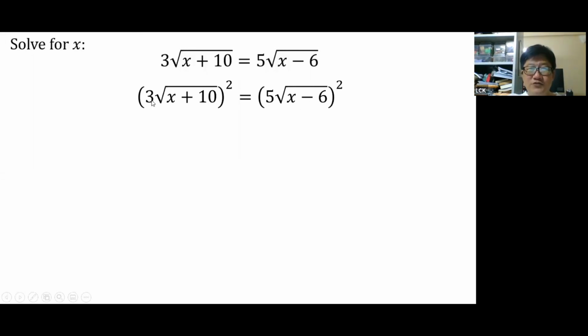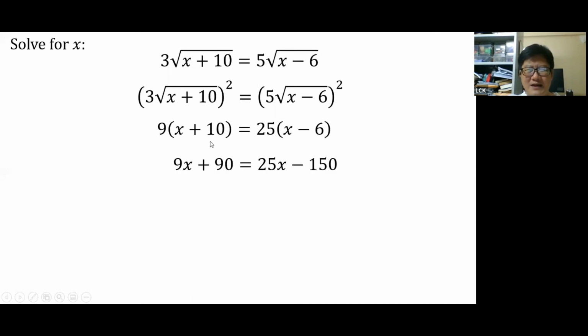So when you square 3, you get a 9. When you square this square root of x plus 10, you just get rid of the square root sign. When you square 5, you get 25. Square this, you get x minus 6. And the rest is simple. You just expand it: 9x plus 90, 25x minus 150. And solve for x.